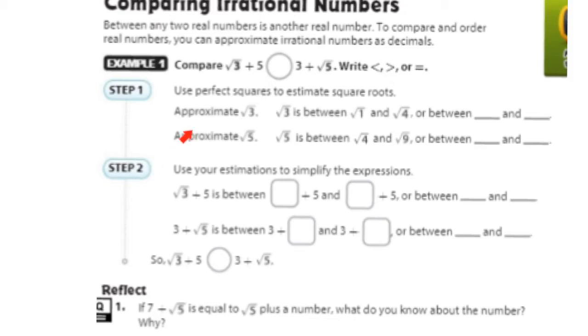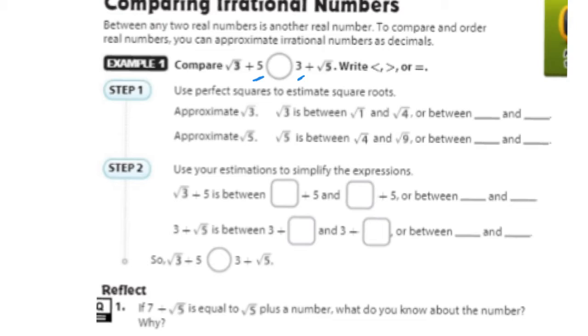So starting off for problem number 1, compare the square root of 3 plus 5. It's either going to be less than, greater than, or equal to 3 plus the square root of 5. Now, you should be able to logically figure out what the answer is going to be just by looking at the 5 and the 3.